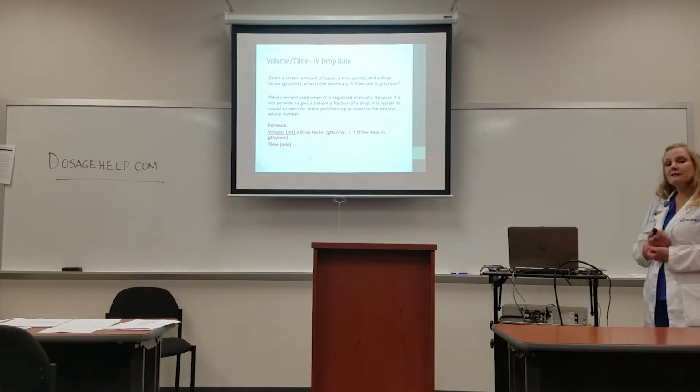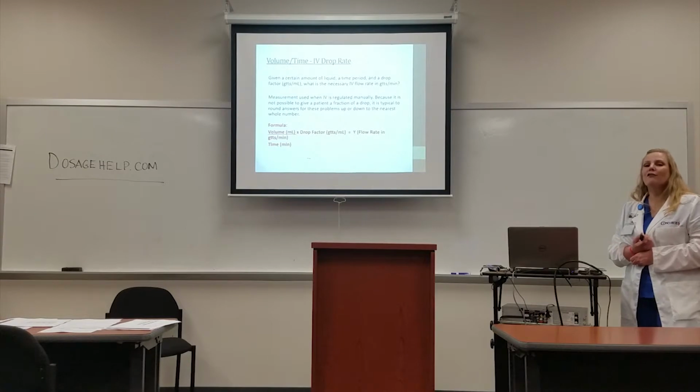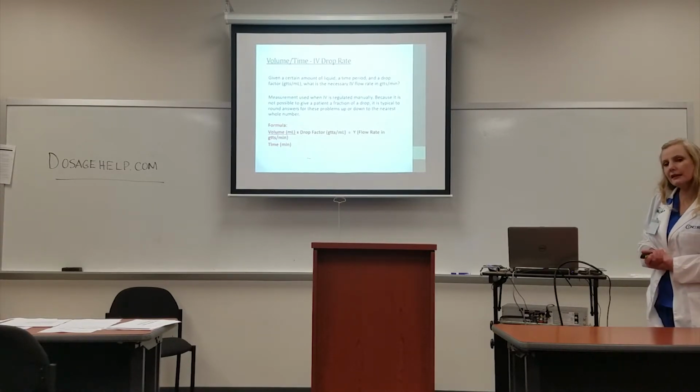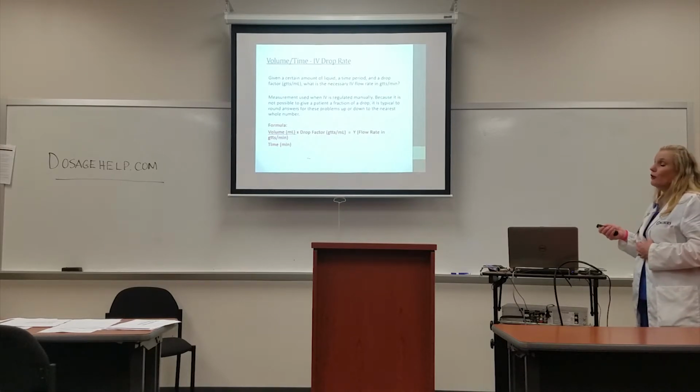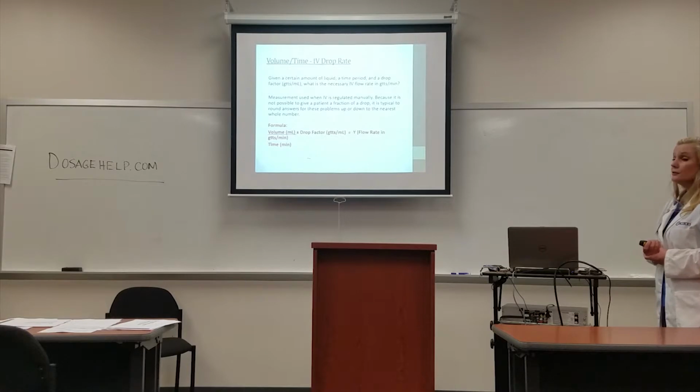You're going to get these questions. You're going to get questions that have extra, what I call fluff. We want you to be able to critically think and pull what you need from the question and calculate the problem correctly. So pay attention. That's why I say read twice.